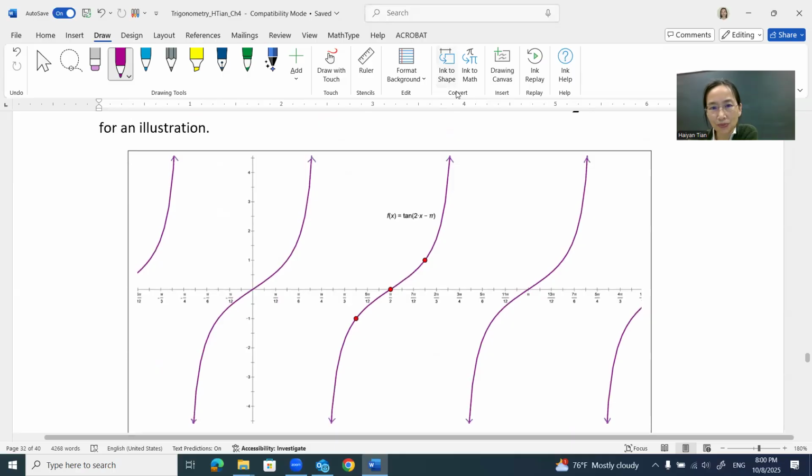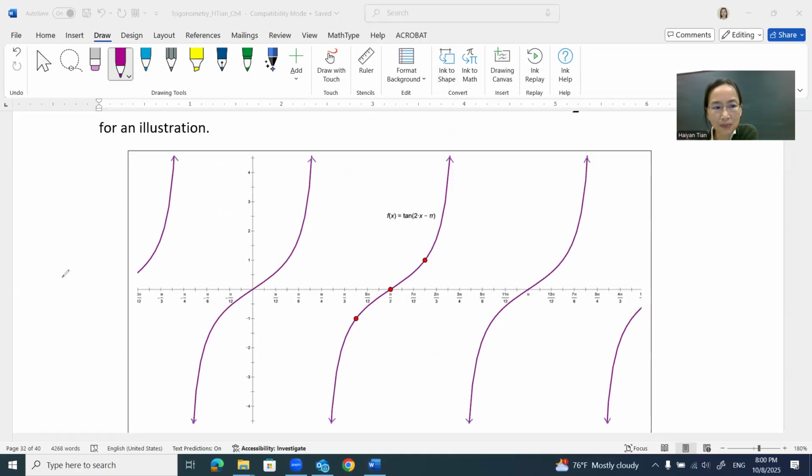But after you draw more of the tangent function, you realize the 3 key points are really equally dividing the 1 period interval. That's what I commented earlier. So you see this is 1 period, pi over 4. Then we can see this is right in the middle. That's negative 3 pi over 8.